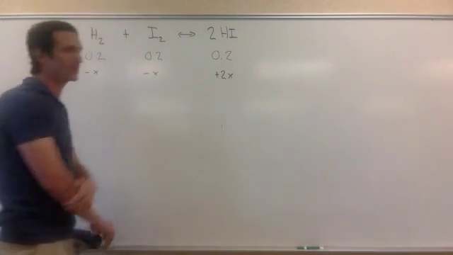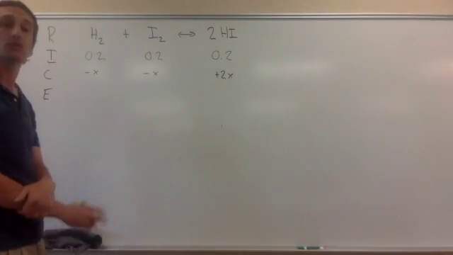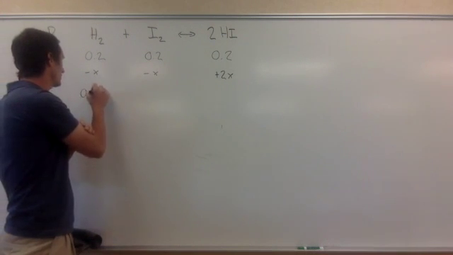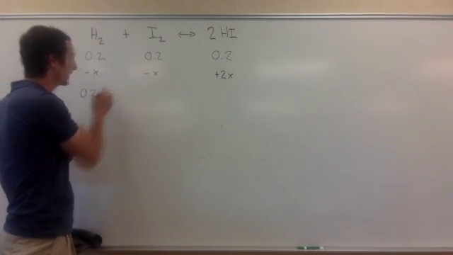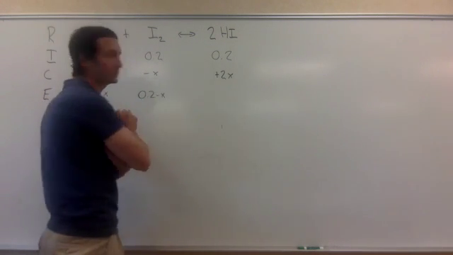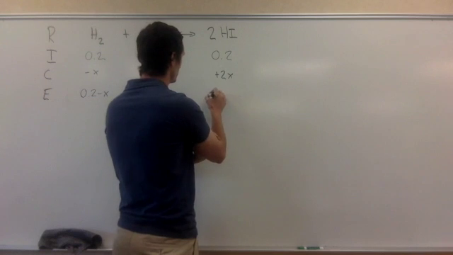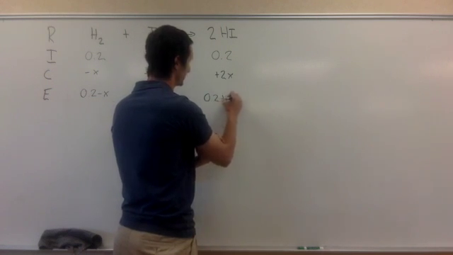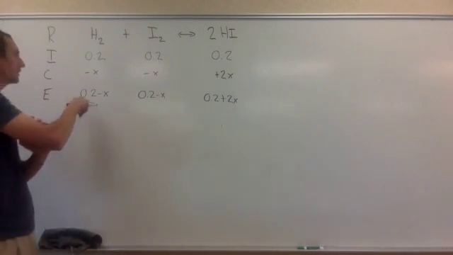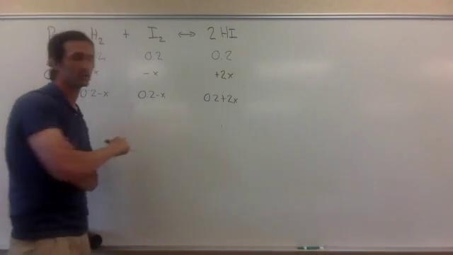In this case, we have to use x as that placeholder. So each of these is going to be 0.2 minus x amount, 0.2 minus x amount, and this one's going to be 0.2 plus 2x amount, right? So those are my equilibrium amounts.